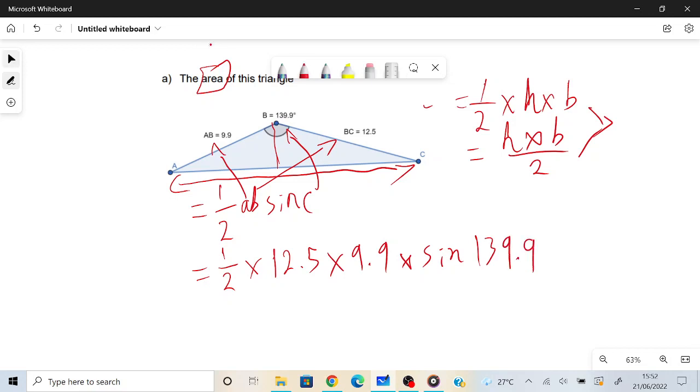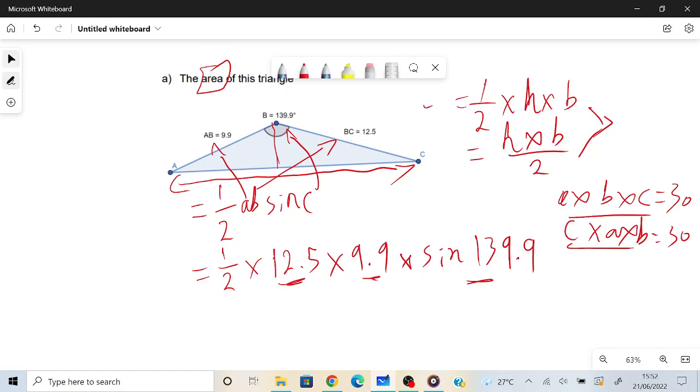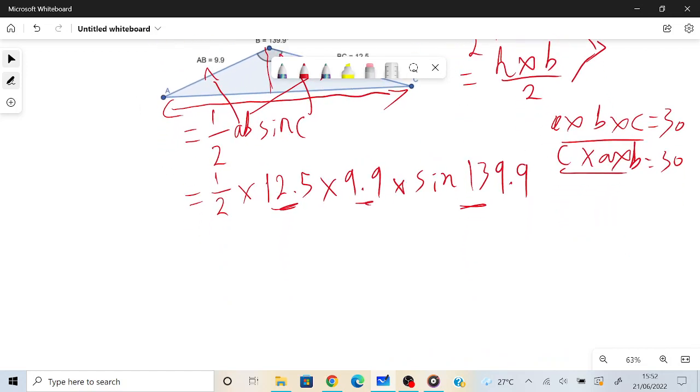Note that if I did half times 9.9 and then times that by 12.5 and then times that, it's still the same thing. A times B times C. If that were to give you 30, C times A times B would still give you 30, no matter the order. So, moving on, putting this in your calculator, you have half times 12.5 times 9.9 times sine 139.9.